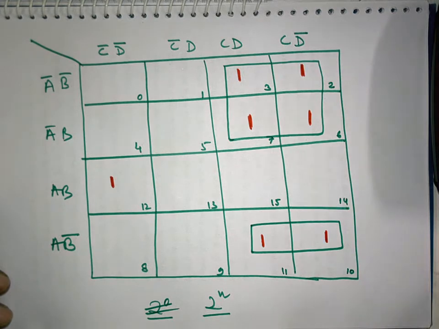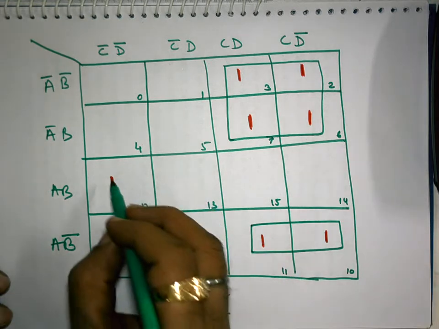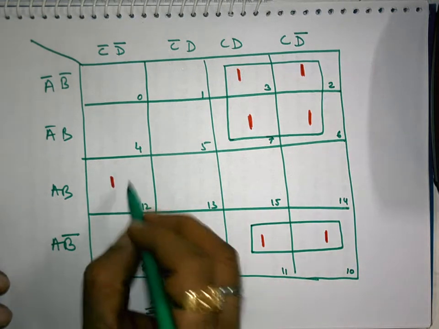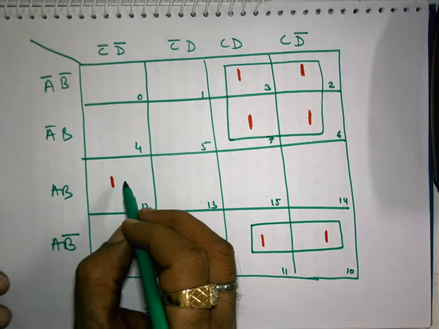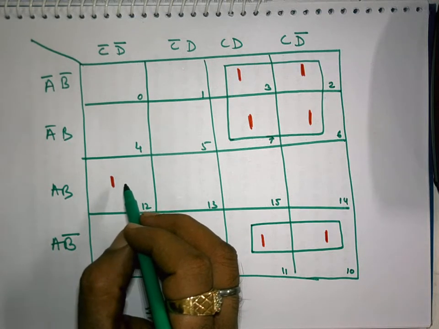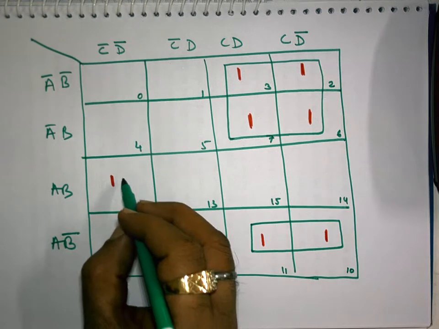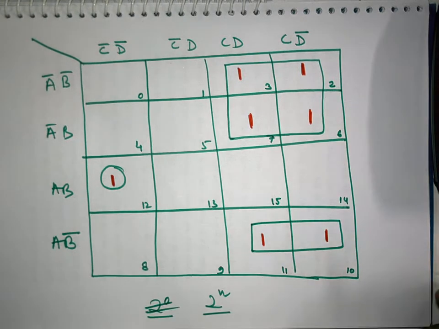Whether I am right or wrong is a matter of investigation. And this one is a standalone one. This is not forming a group with other ones. So it has to be kept like this. It has to be encircled, it has to be looped like this.